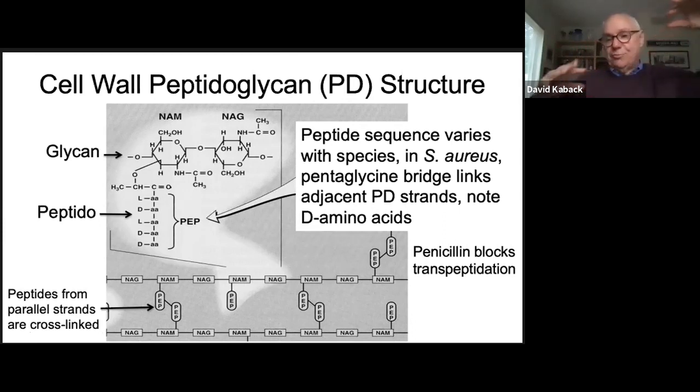So we have these threads that are cross-linked together to form this solid matrix of peptidoglycan to form that cell wall. Okay, now this is going to be, as we'll see in a minute, the source of why penicillin kills bacteria. So, parallel strands that are cross-linked.